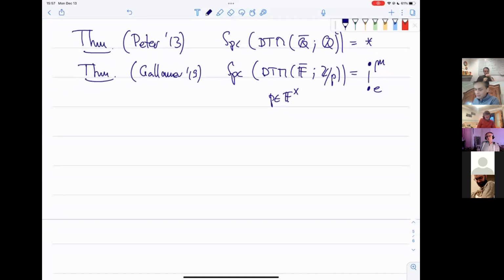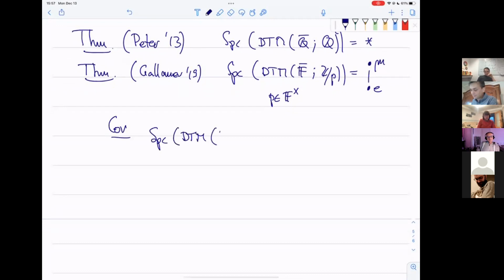And using that, Martin could prove that if you look at the spectrum of DTM, so same F as before, what happens is you have something like a spec Z, so you have an M2 and an E2, and you have an MP and an EP, well, only for those P's which are invertible in the field.